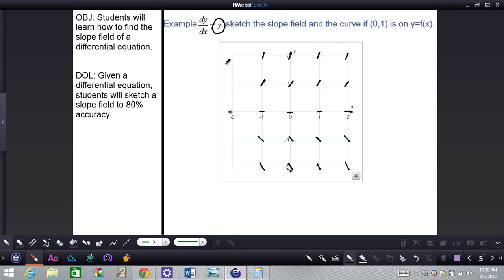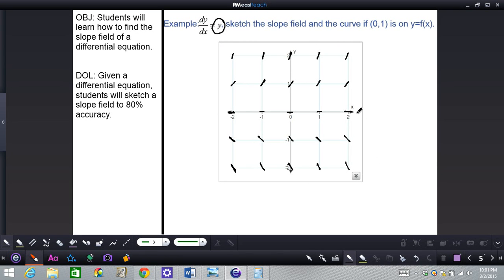And here it is a +2, a positive 1, a 0, a negative 1, and a negative 2. So there is our slope field.